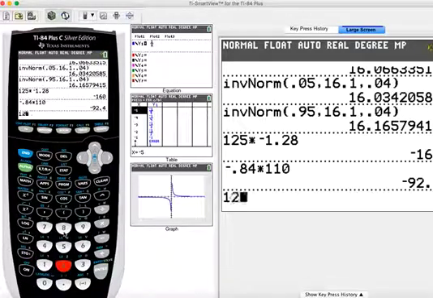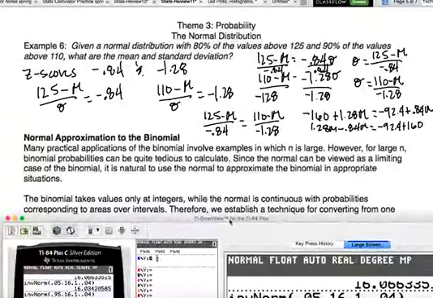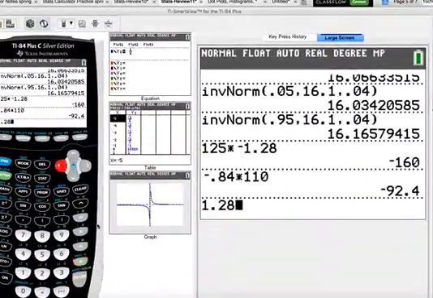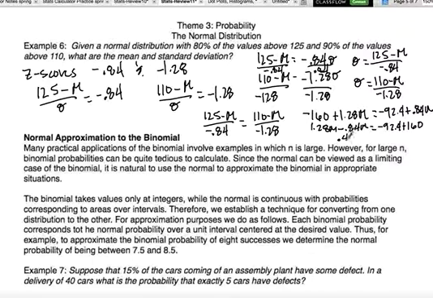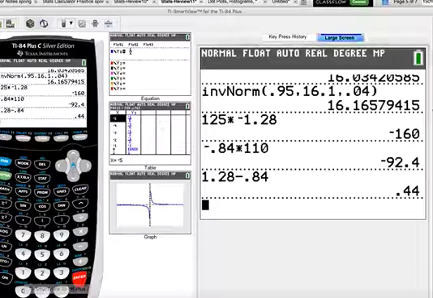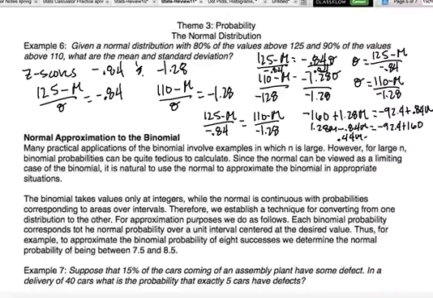So you'd say 1.28 minus 0.84 gives you 0.44 equals negative 92.4 plus 160, which is 67.6.